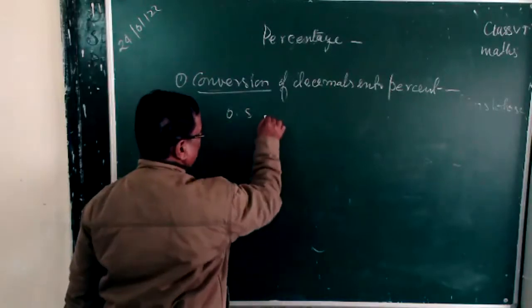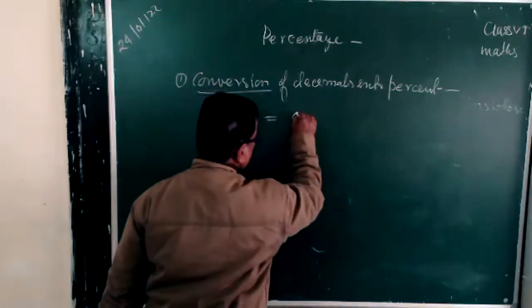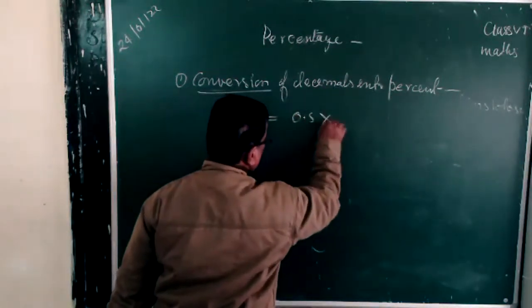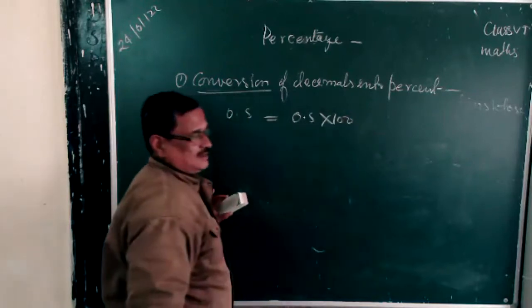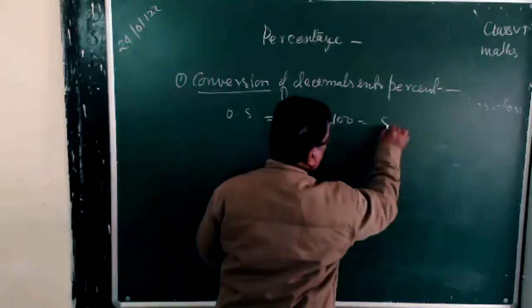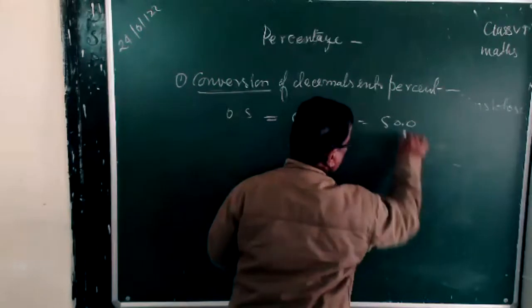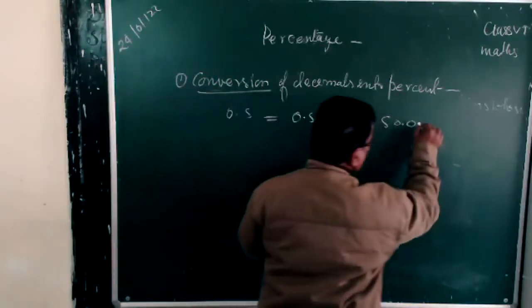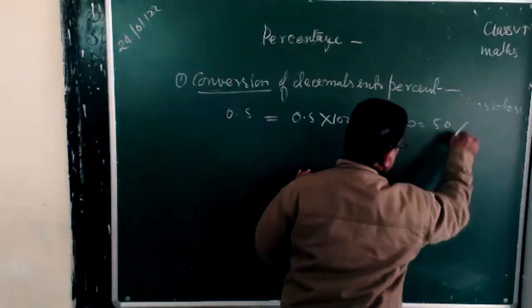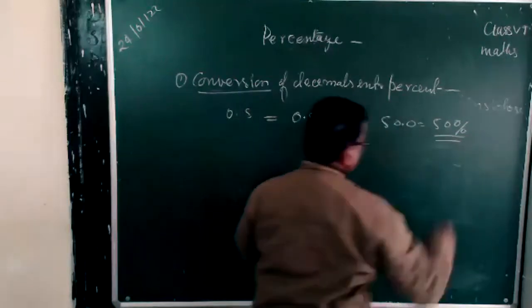How can we convert it into percent? Multiply 0.5 into 100. What will you get? You will get 50.0, that is 50%.